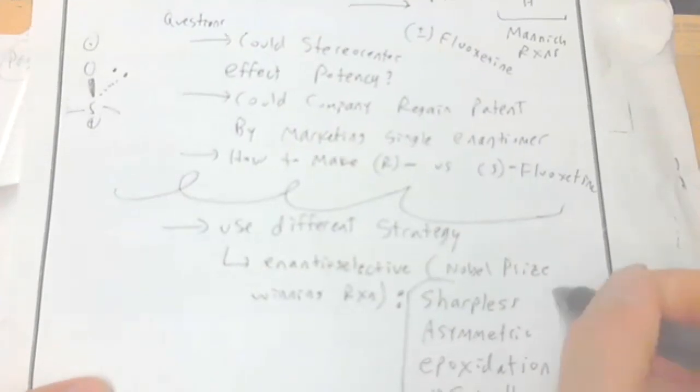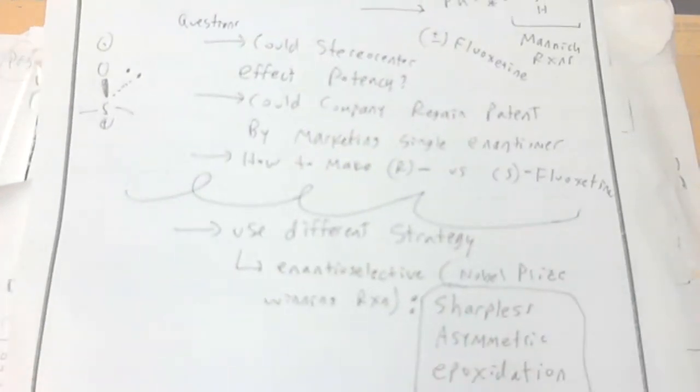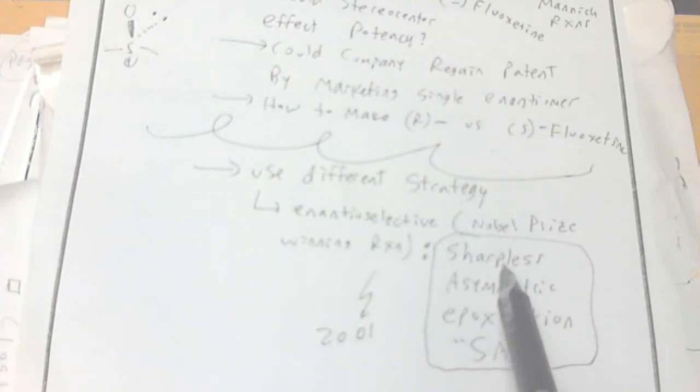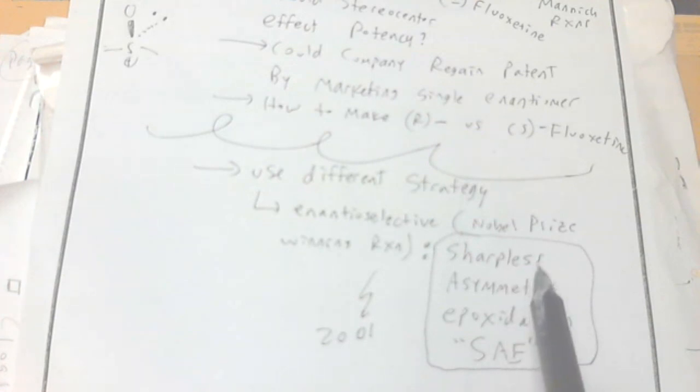The Sharpless asymmetric epoxidation reaction won the Nobel Prize, I think, in 2001. Professor Barry Sharpless, his name is Barry Sharpless. I think he's at maybe Caltech. He won the Nobel Prize for discovering this fancy reaction that basically creates epoxides.